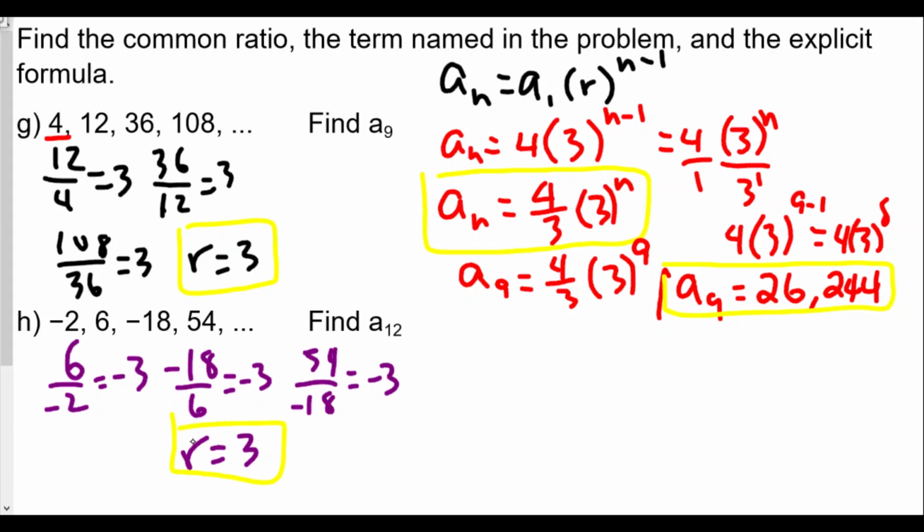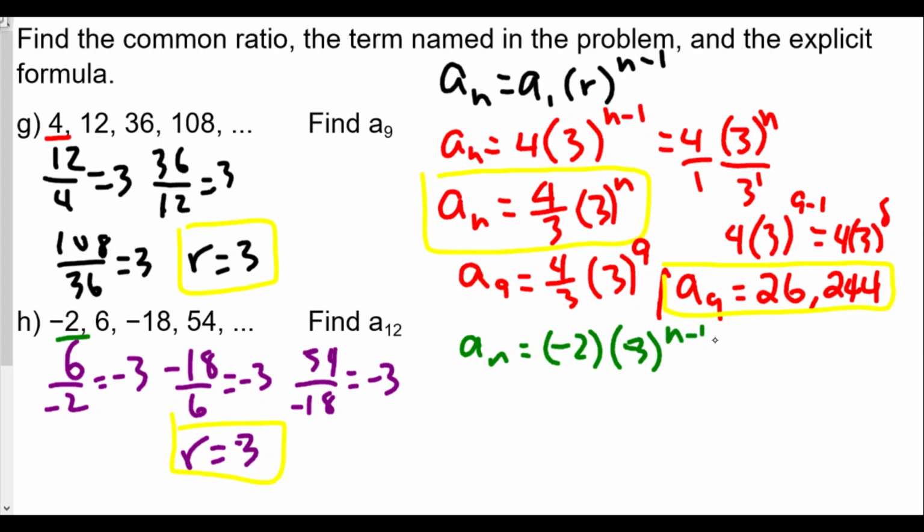We're going to use our formula, okay? And our formula here, a sub n is equal to a1, which is -2, times the r value, which is 3. It worked out to be, oh, -3. Oops, sorry about that. I almost put the wrong number down there. -3 to the n minus 1.